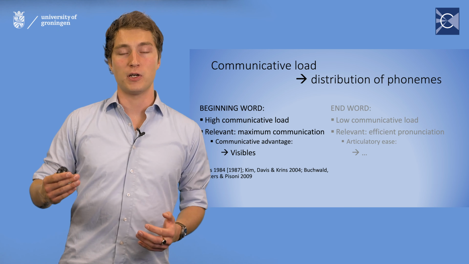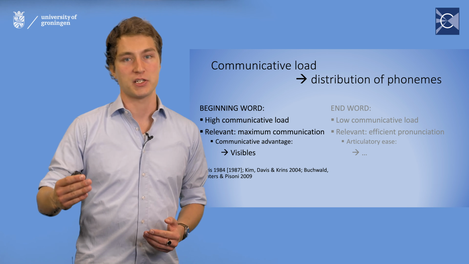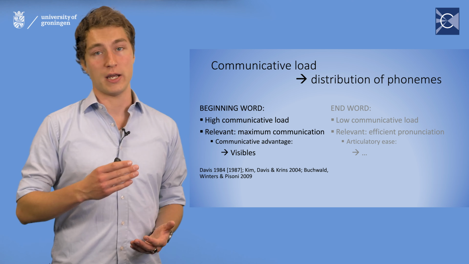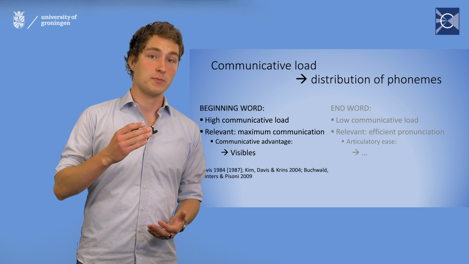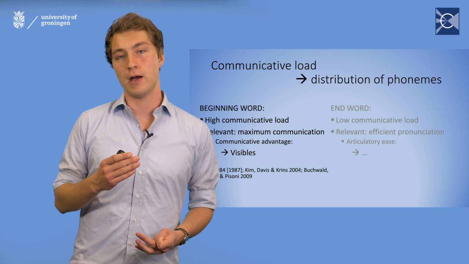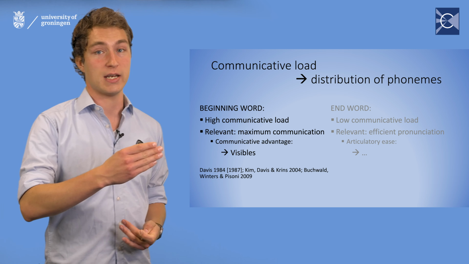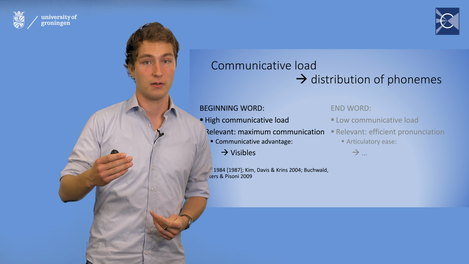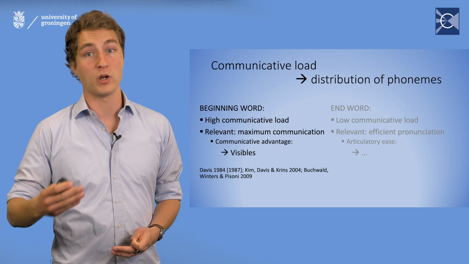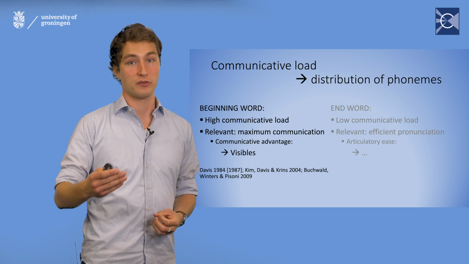So at the beginning of the word, maximum communication is favoured because the demand for information is high. And visible consonants have a communicative advantage because they can be seen as well as heard, which means they provide an additional clue, which is very welcome where the demand for information is high.